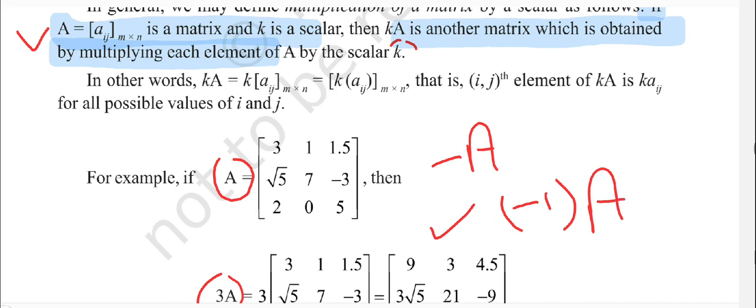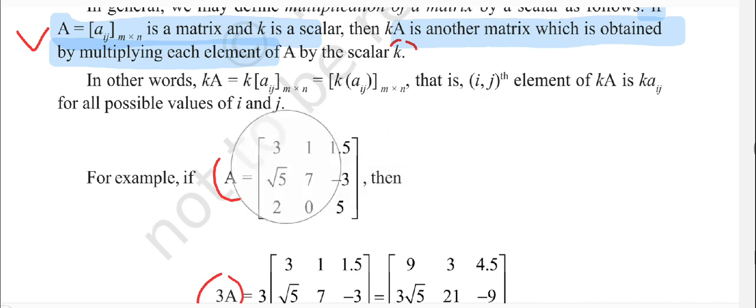How to multiply minus 1 with A, I have already explained. Just multiply minus 1 with each and every term of this matrix, and I get minus A. This is how I define subtraction in matrices.